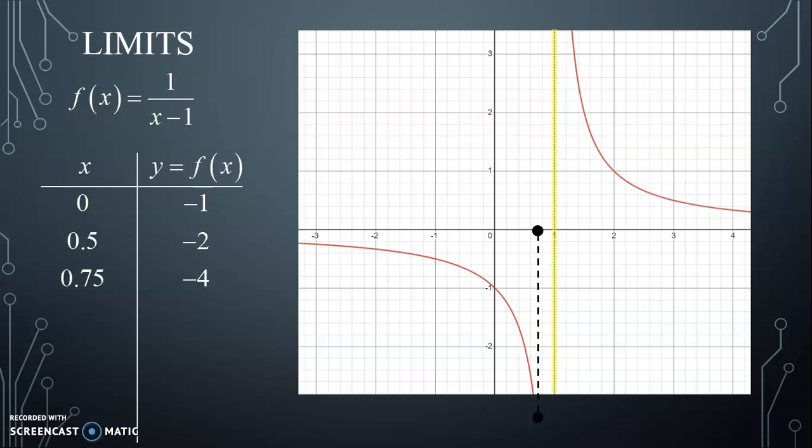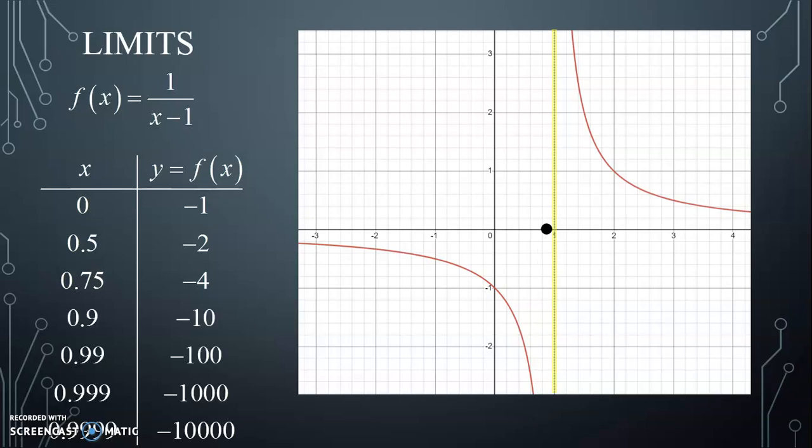Let's move even closer. f of 0.75 is negative 4. And as I move further towards x equals 1, we'd notice that the values of y are in fact dropping further towards negative infinity.